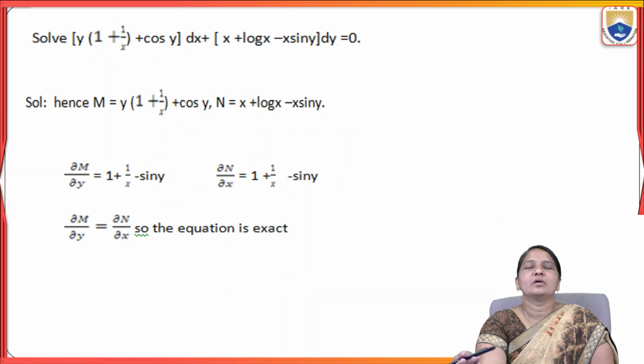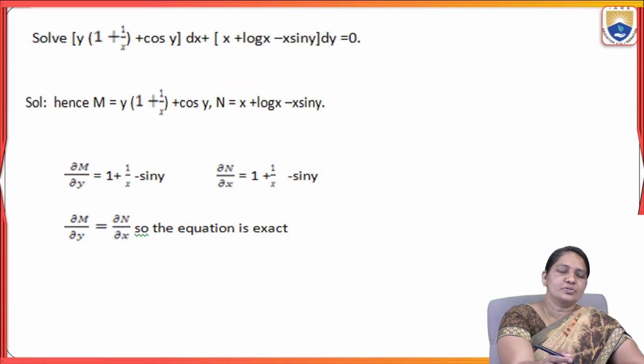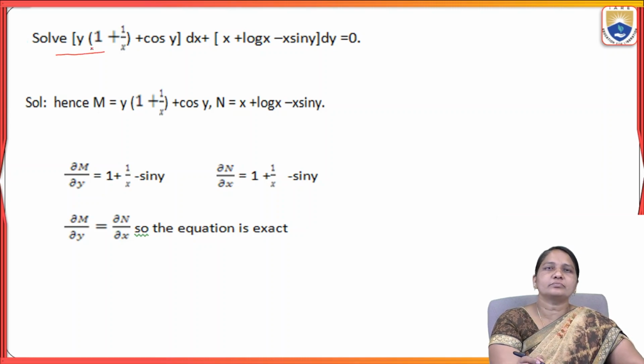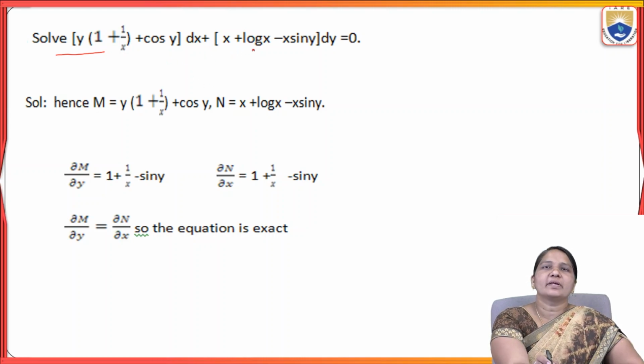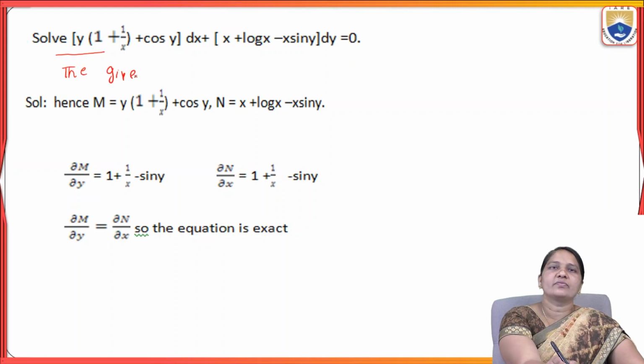So here we are going to discuss one more problem. Solve y into 1 plus 1 by x plus cos y into dx plus x plus log x minus x sin y into dy equal to 0. So first of all, we write the given equation.